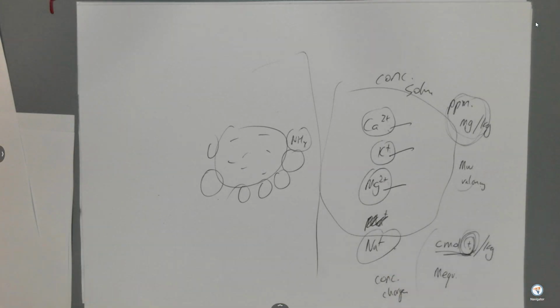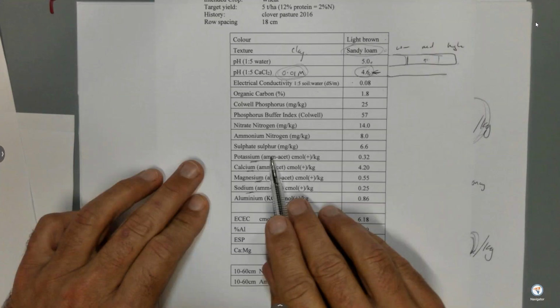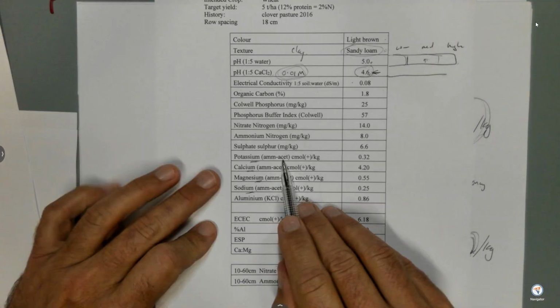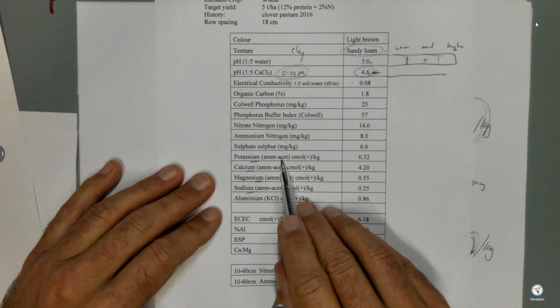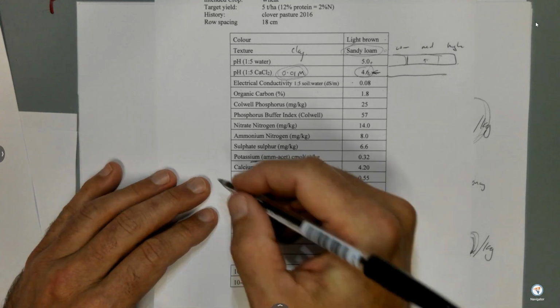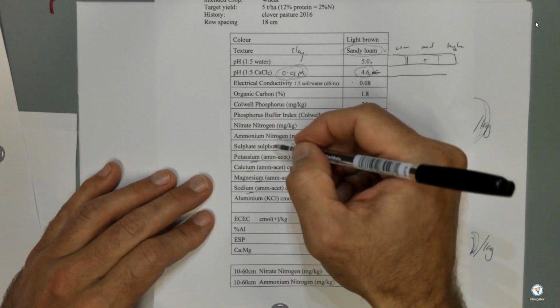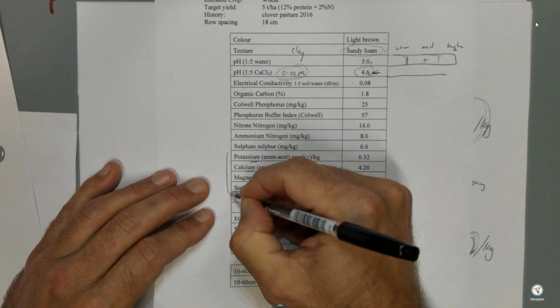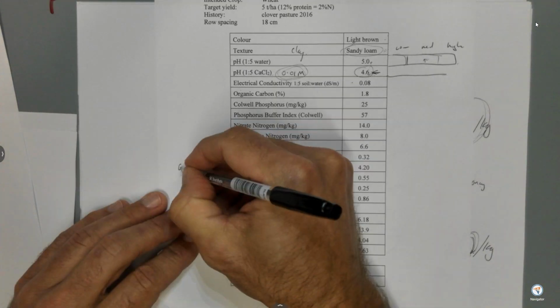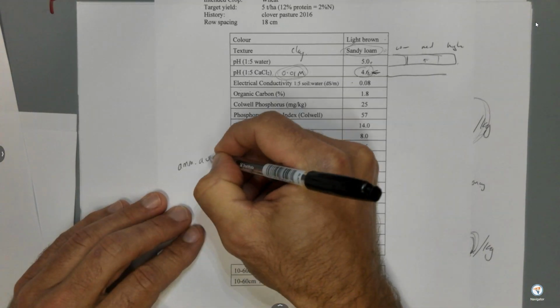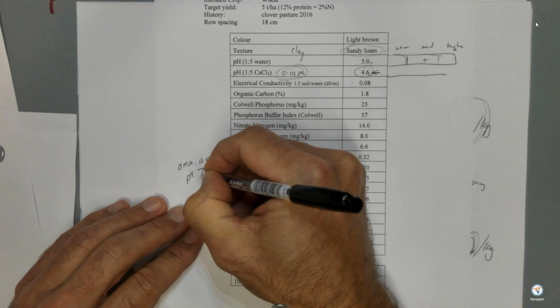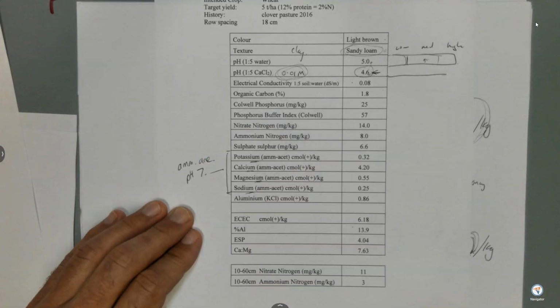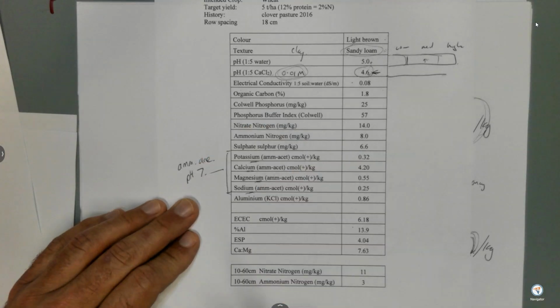Now, why that's important. Over here, we've got ammonium acetate. The ammonium acetate method is buffered at a pH of 7. So if you use ammonium acetate, it's at pH 7, and in some methods they even use pH 8.5, but 7 is the common one.